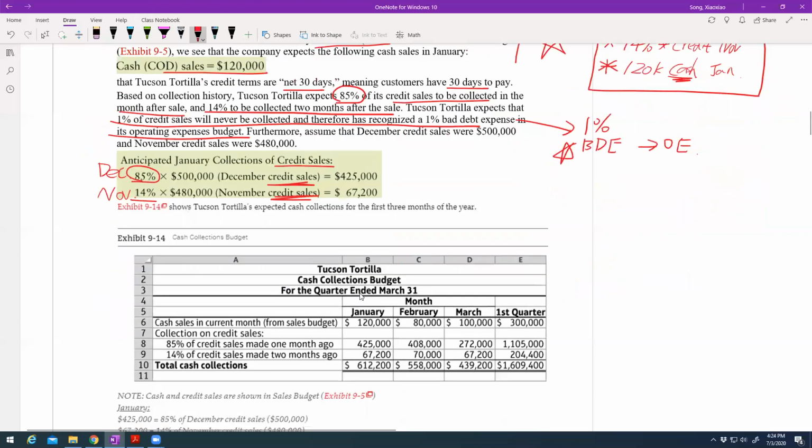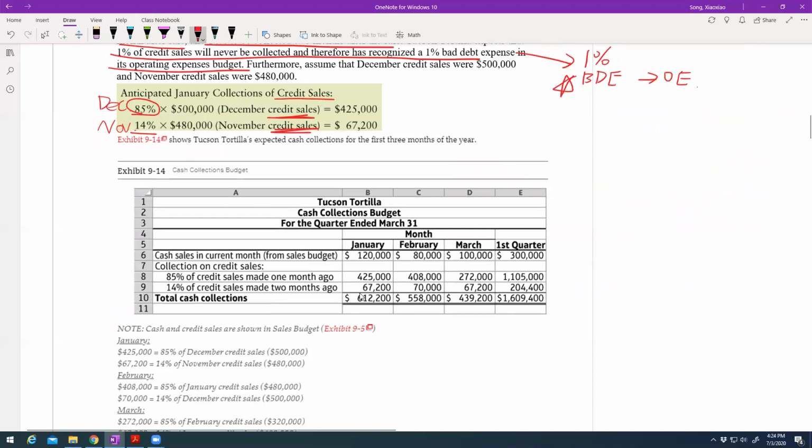So for your January, your total cash will be cash sales from your January, 120,000. We got this from the sales budget. Then 85% of our December credit sales, 14% of our November credit sales. So all these 3 will give you January cash collection.